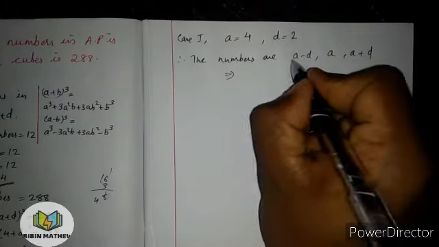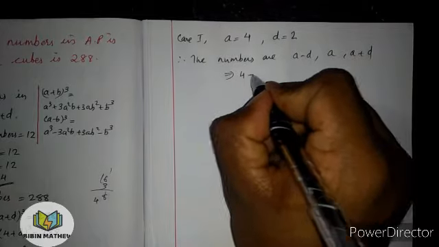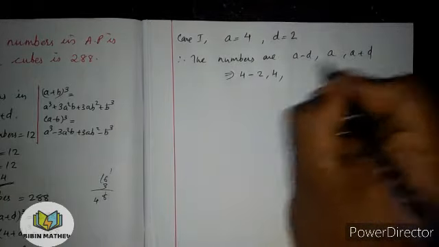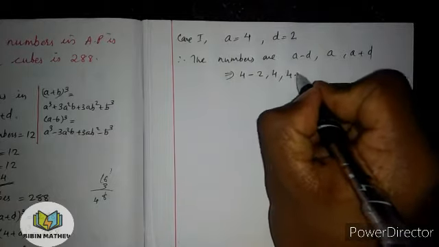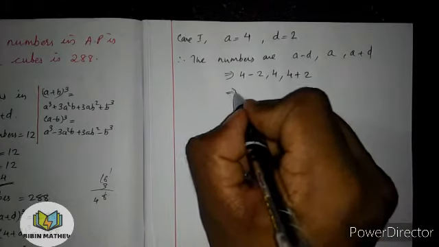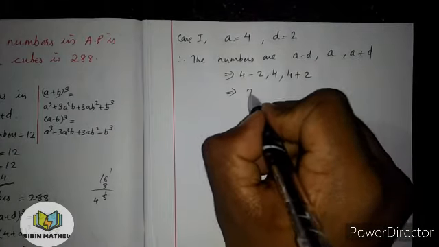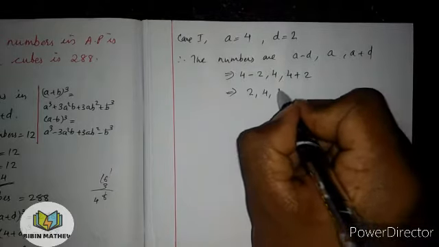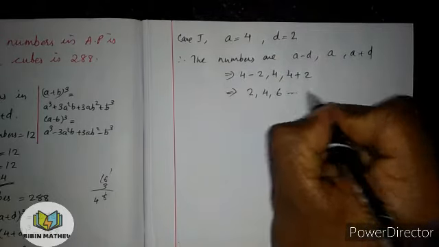That implies a की जगह 4 दीजिए, 4 minus 2, 4, a plus d की जगह 4 plus 2. That implies, 4 minus 2 is 2, 4, and 4 plus 2 is 6. These are the numbers, right?